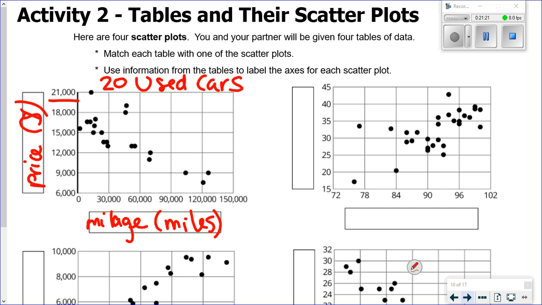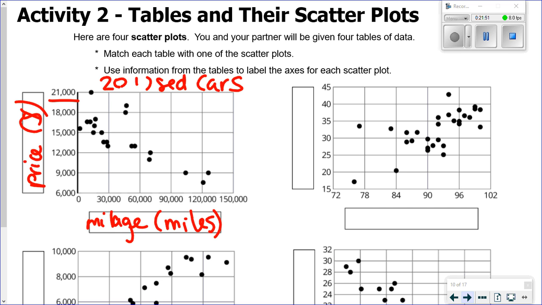So I'm going to go over approximately 47,000, which would put me right around here. And if I go up, I should be at just under 19,000, which here we are. There's that point represented. And again, you can test several more points if you're unsure that you picked the right scatter plot to go with this correct data from the tables.